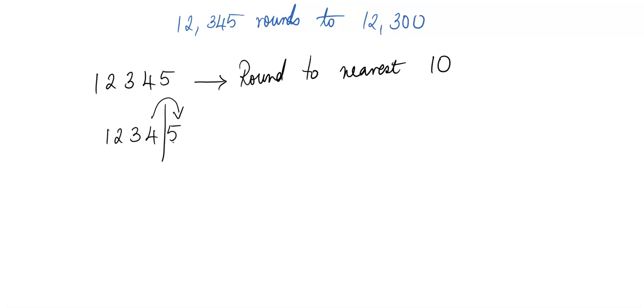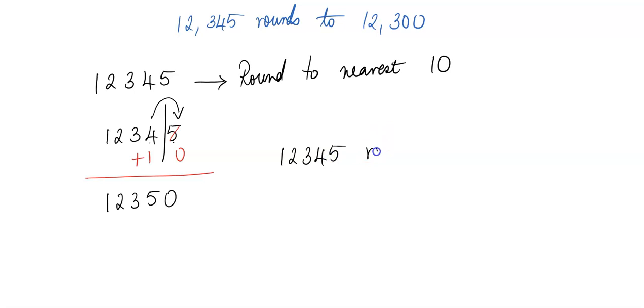So there will be a plus 1 here, and this becomes a 0. So what does this become? 1, 2, 3, 4 plus 1 is 5, 0. So my number 12,345 rounds to 12,350. That is rounding to the nearest 10.